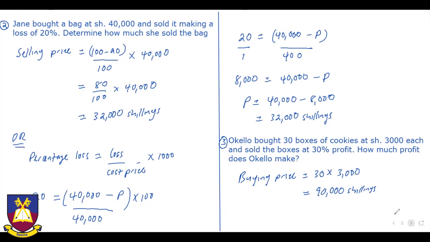So we're going to say the percentage profit is equal to profit out of the cost price times 100.